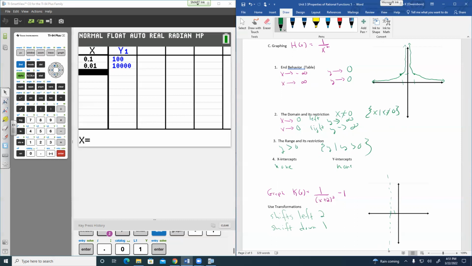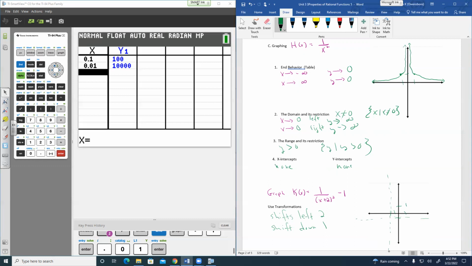And this other boundary, which was the x-axis, gets shifted down 1 as well. So I have this other dotted line that goes here. So that point that was at 1, 1 gets shifted left 2 and down 1.